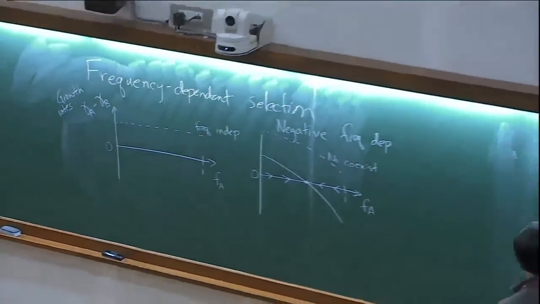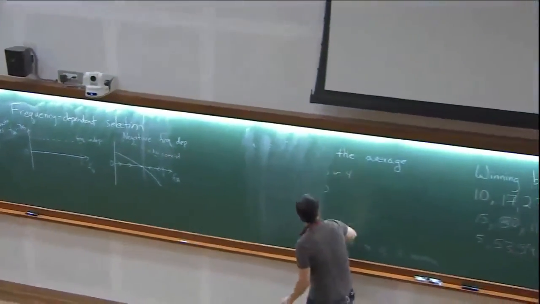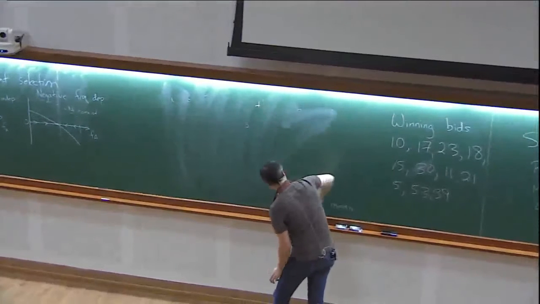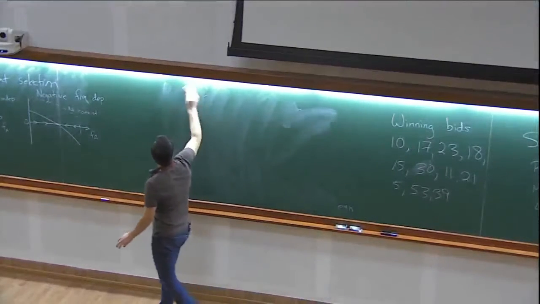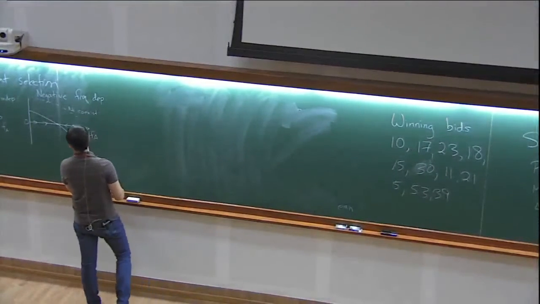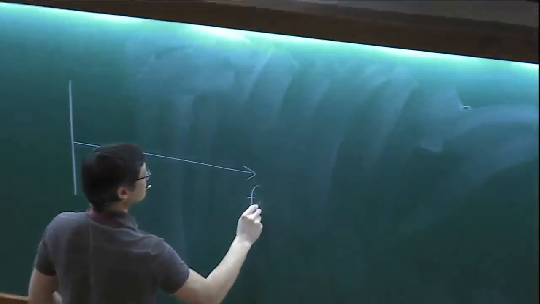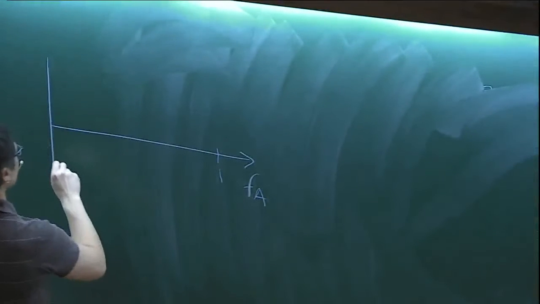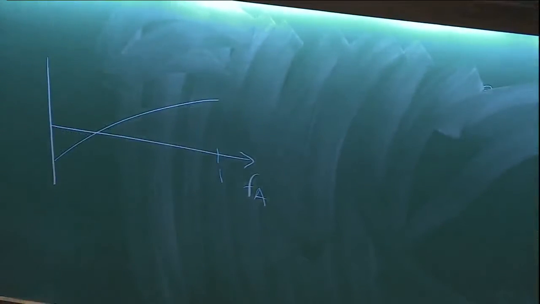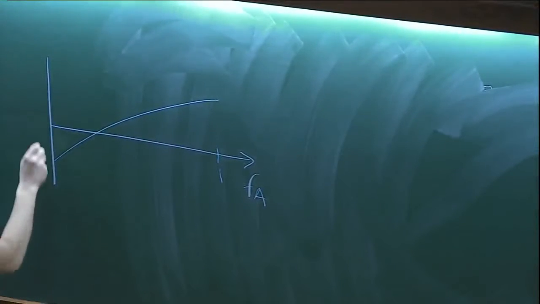And the other kind of qualitatively interesting thing that can happen is if you have something that's more, say, positive frequency-dependent selection. Right, so it looks somehow like this. Now, the more abundant you are in the population, the more fit you are.